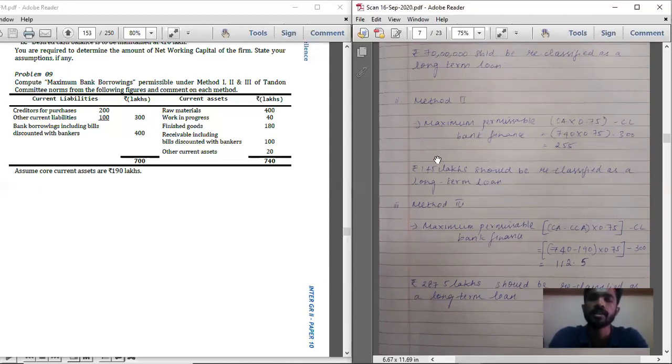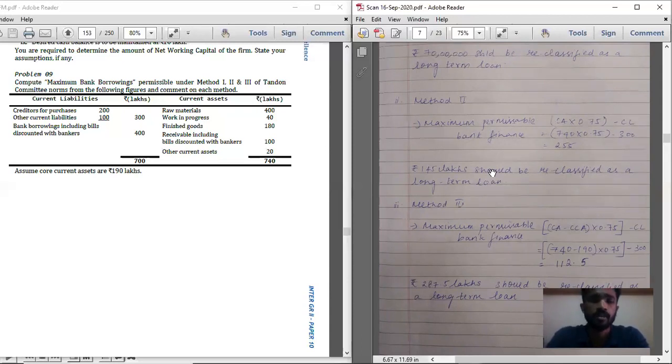Current assets into 0.75, within bracket, current assets into 0.75 minus current liabilities. That is the formula for method 2. So in respect of that, maximum permissible bank finance is equal to, open a bracket, current assets into 0.75, close the bracket, minus current liabilities.